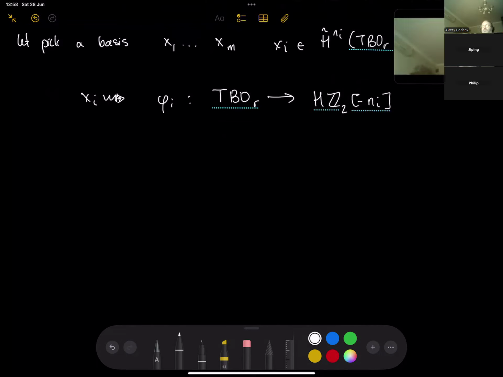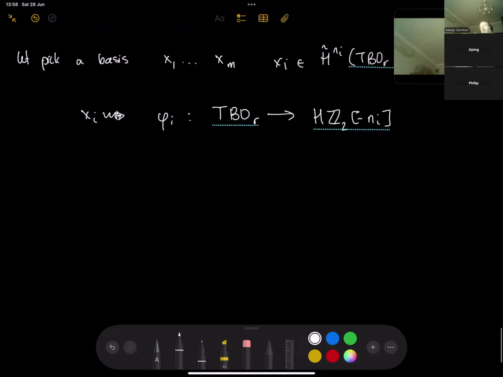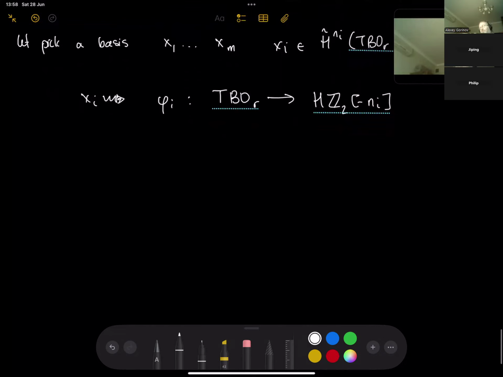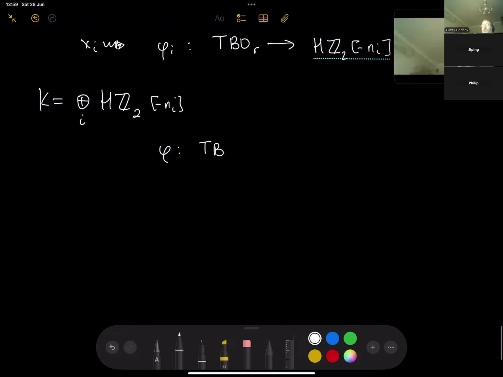And then we can sum all of these maps together. We get a sum of Eilenberg-MacLane spectra. Let's call this K. Let K be this sum, and so then we have phi, which is also the product.